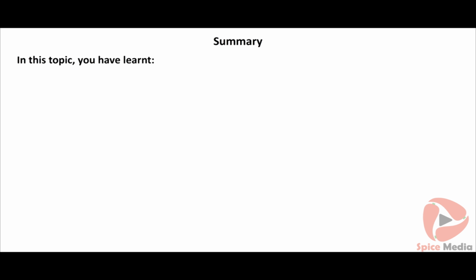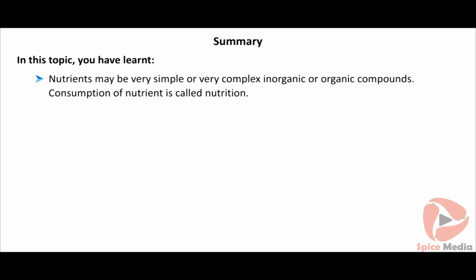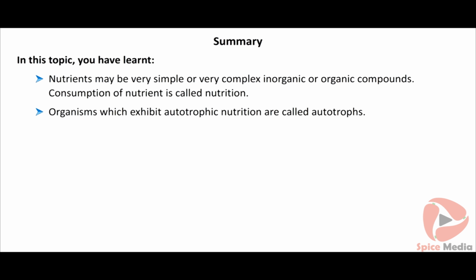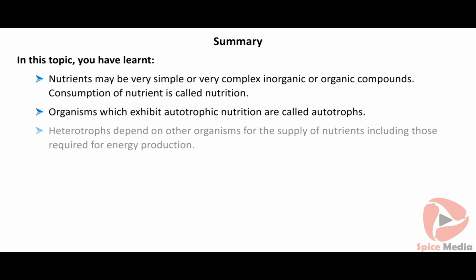In this topic you have learnt nutrients may be very simple or very complex inorganic or organic compounds. Consumption of nutrients is called nutrition. Organisms which exhibit autotrophic nutrition are called autotrophs. Heterotrophs depend on other organisms for the supply of nutrients, including those required for energy production.